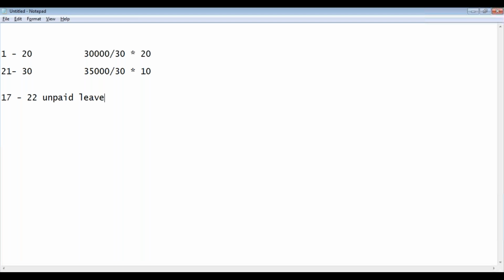Again, the same: for the first 17 days on a daily basis, we give the day rate in the first proration of 30,000, and we have to deduct 2 days in the second proration, meaning 8 days of 35,000, whatever the day rate is, multiplied. That is the amount. So this is how we prorate it.